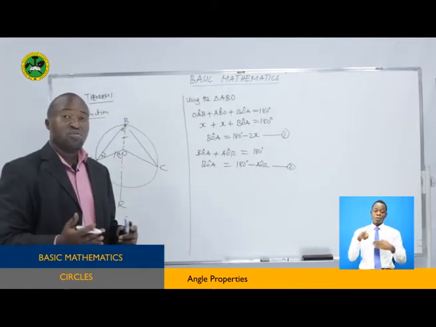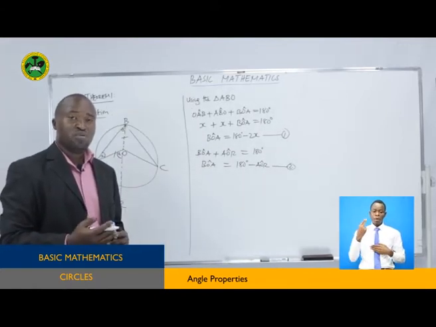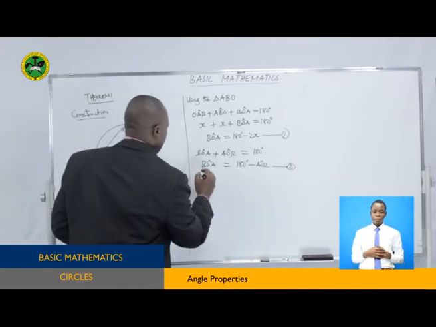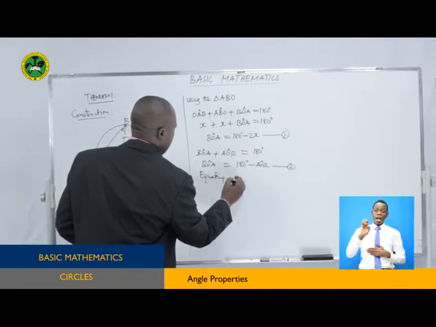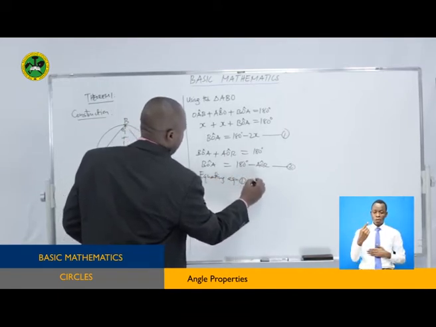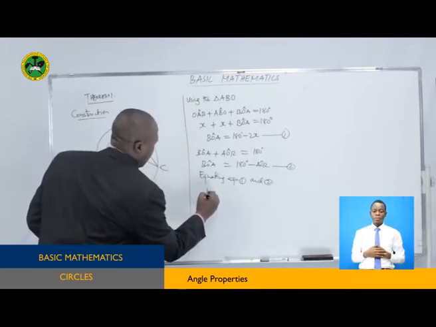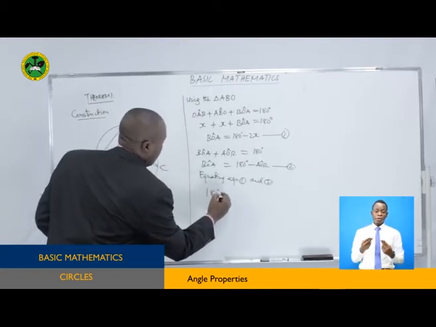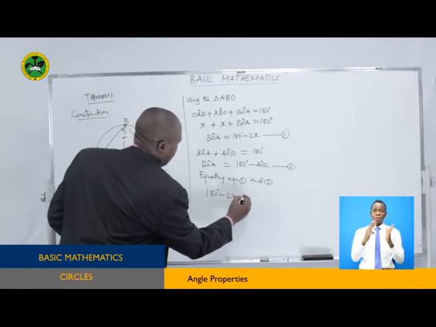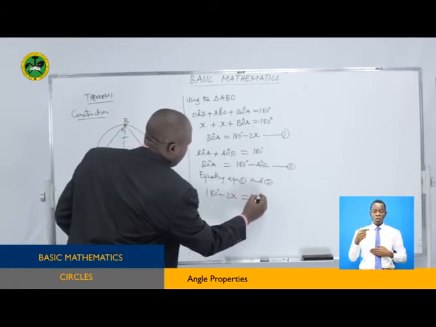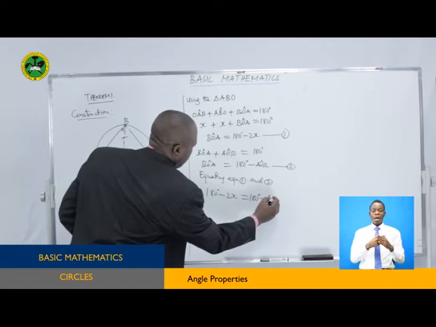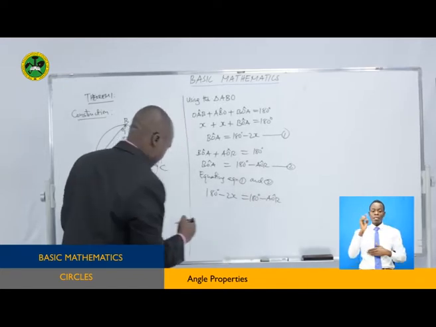Now in this case, we are going to equate these two equations, equation 1 and equation 2. So in this case, we have 180 degrees minus 2x equal to 180 degrees minus AOR.